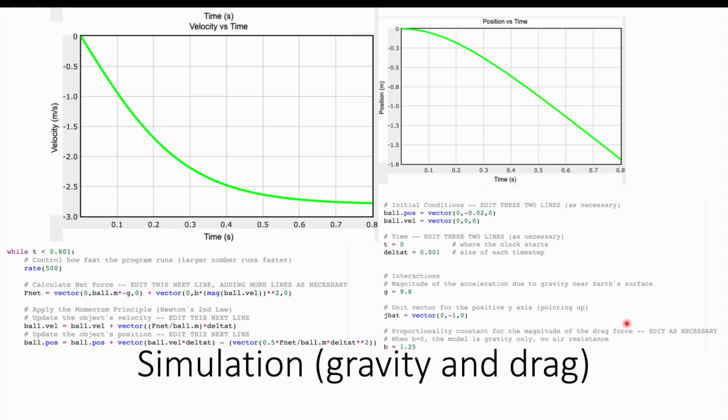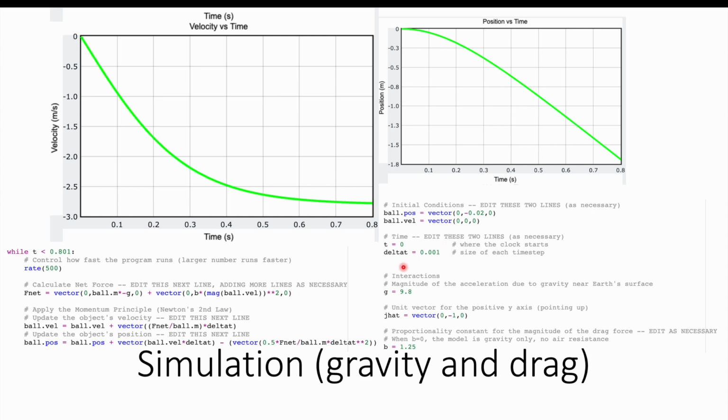So here is the simulation of gravity with drag. Once again, we can find that t is up to 0.801, and we see that the Fnet, the force, now has an impact. The force is the force of acceleration plus the force of drag. The force of acceleration, of course, is a negative value, while the force of drag is a positive one.